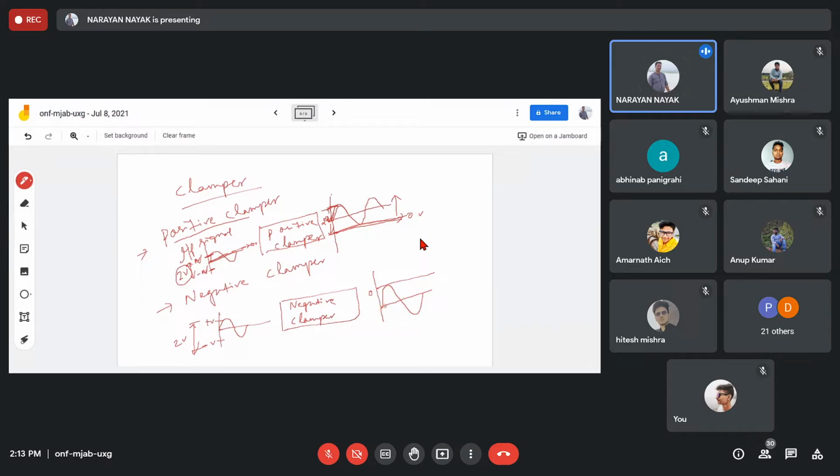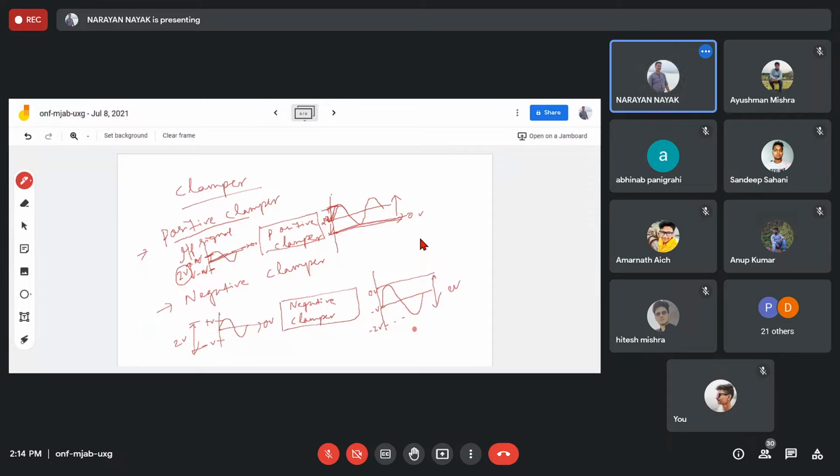This is minus V and this is minus 2V, so the total is 2V. The input signal is pushed down; previously 0 volt was here, now 0 volt will come here, and the total signal will be coming down.